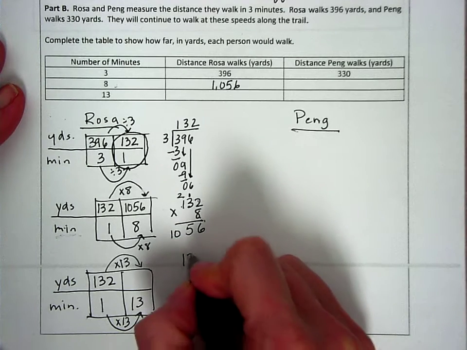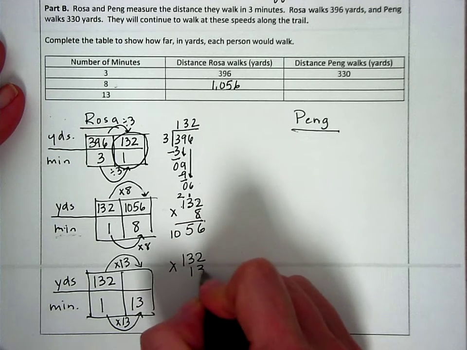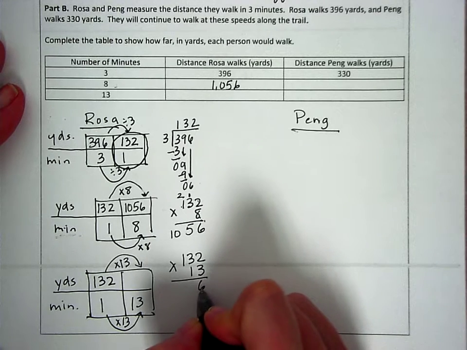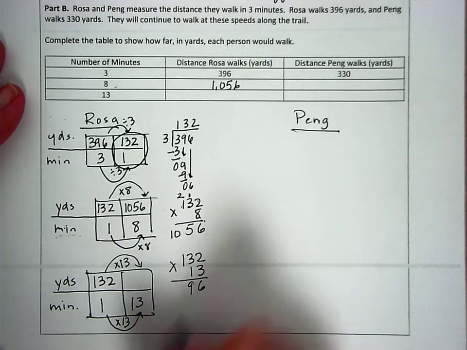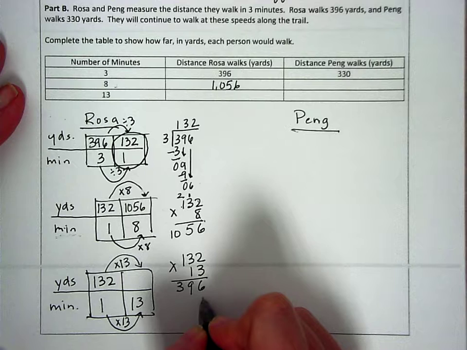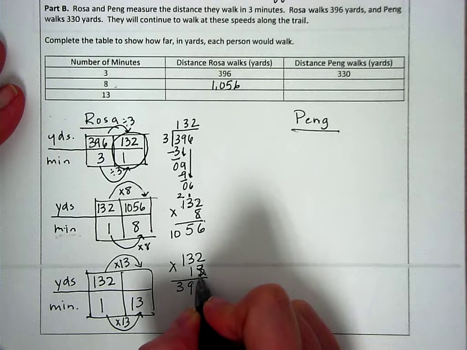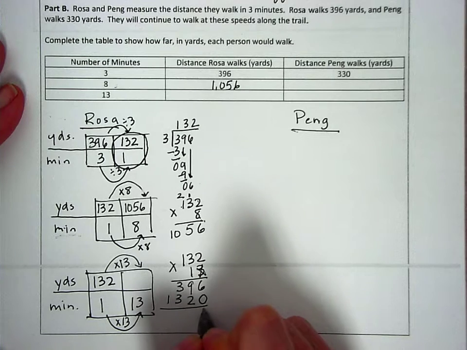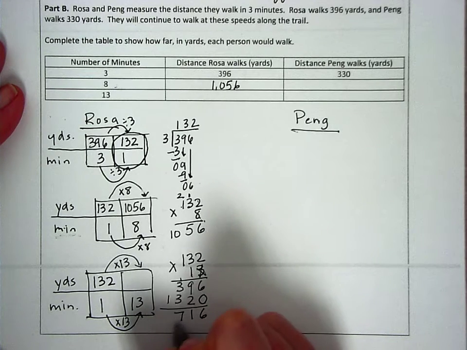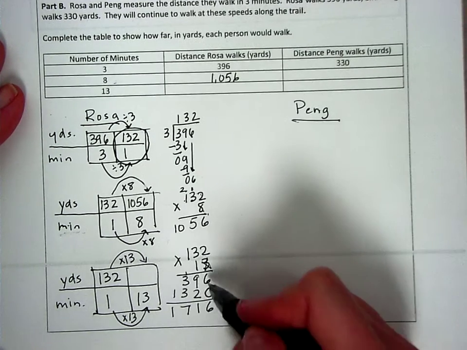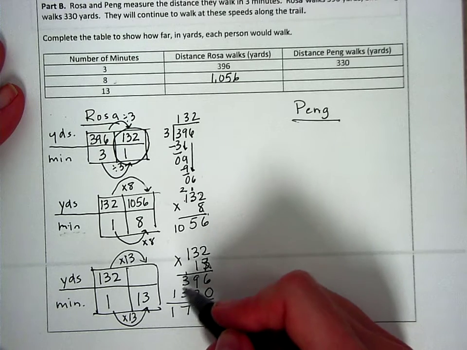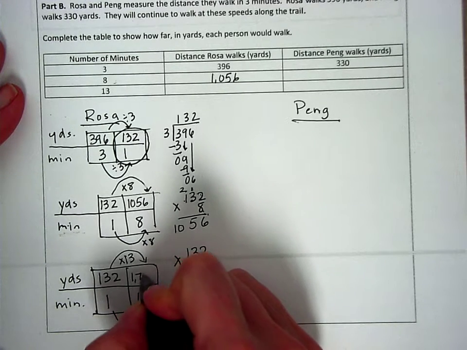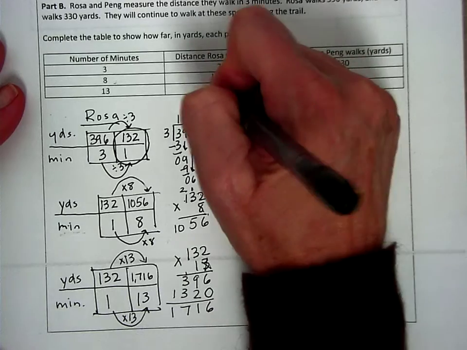So I have to do some work over here. 3 times 2 is 6. 3 times 3 is 9. 3 times 1 is 3. 0 placeholder, done. 1 times 2, 1 times 3, 1 times 1. Okay, so 1,716.